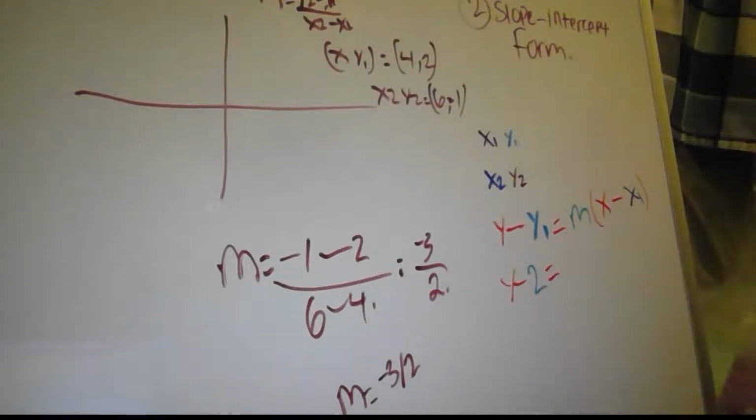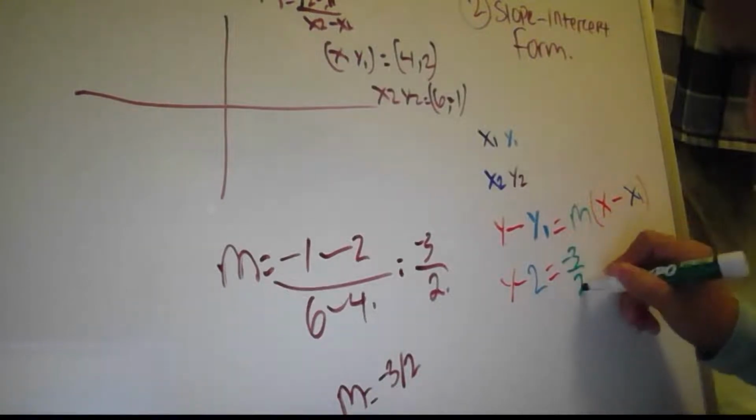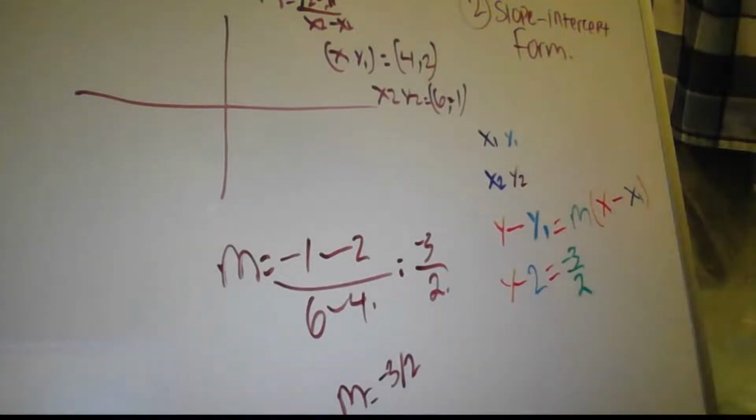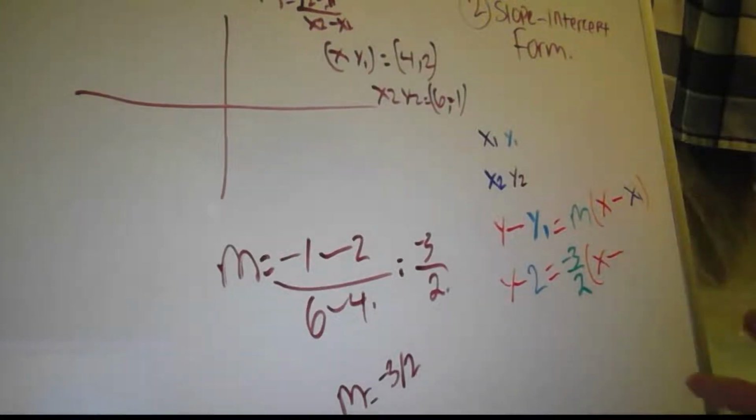It's negative 3/2, right? Negative 3/2 times x minus, and then we have our x1, which is 2, or excuse me, it's 4.